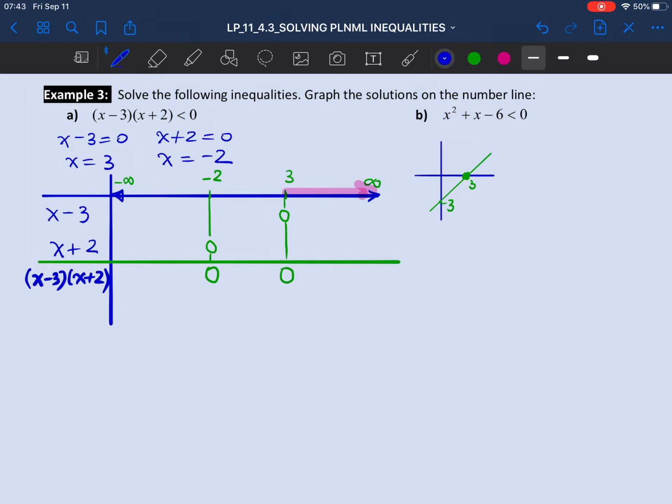So the y values will be positive above the x-axis, wherever the line is above the x-axis. So for all the values of x higher than 3. And it will be negative for all the values of x to the left of 3. Okay, so this is y positive and this is y negative.